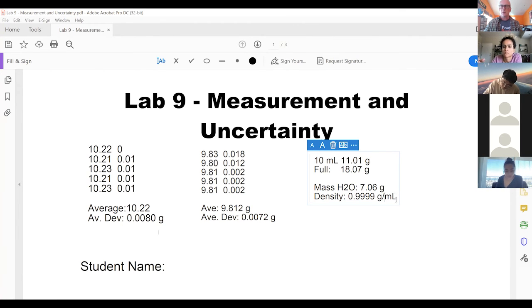So what is my volume? Well, shockingly, my volume is also 7.06 mL.